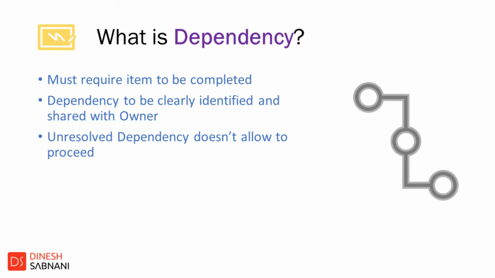Clear articulation of the dependency log will result in least ambiguity. An on-time resolution of dependency leads to smoother execution of the project. In order to achieve that, dependencies are shared with the right owners of it and also made sure that they are well understood by the owner.